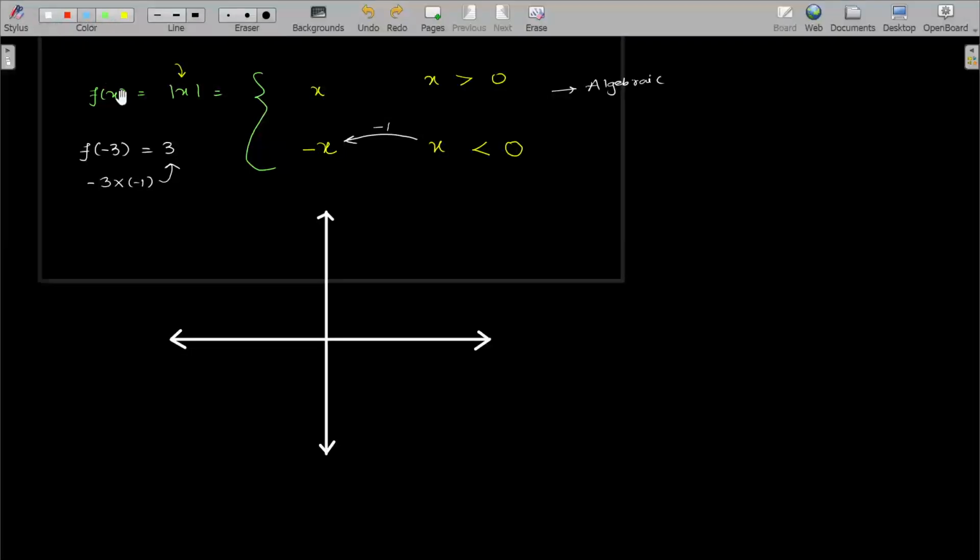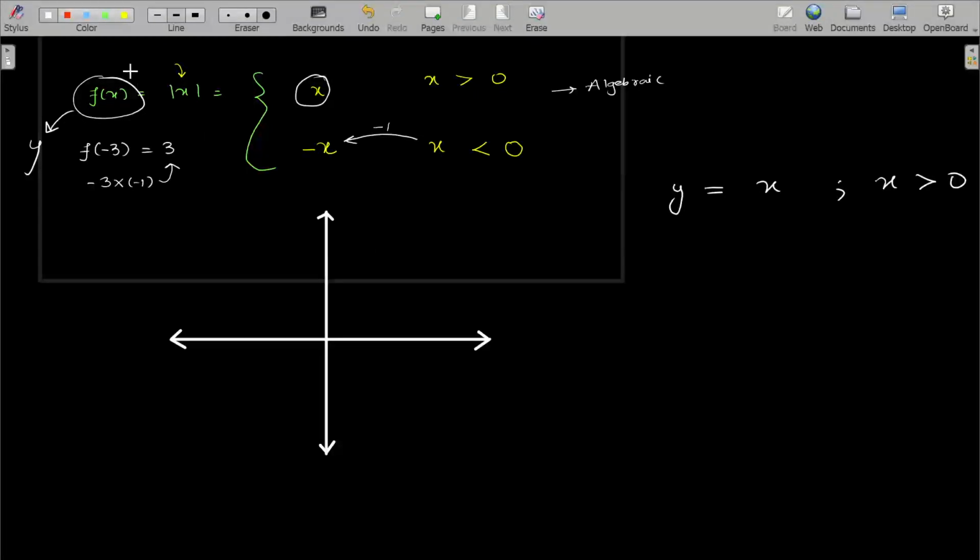So it's very simple. The graph comes from this function definition that I've just written over here. So if you see this definition here, this says that y will be equal to x. So instead of f of x, I'm writing y. So y is equal to x whenever x is positive.